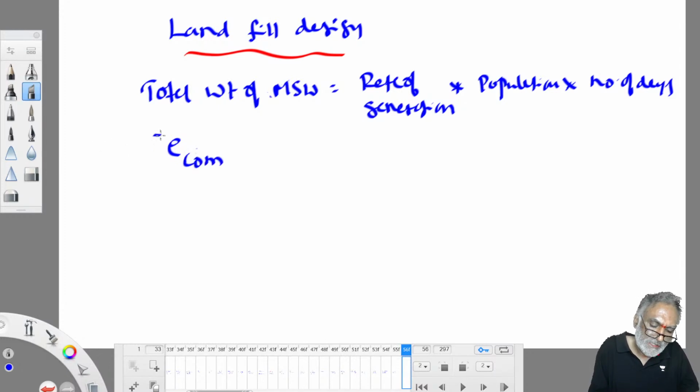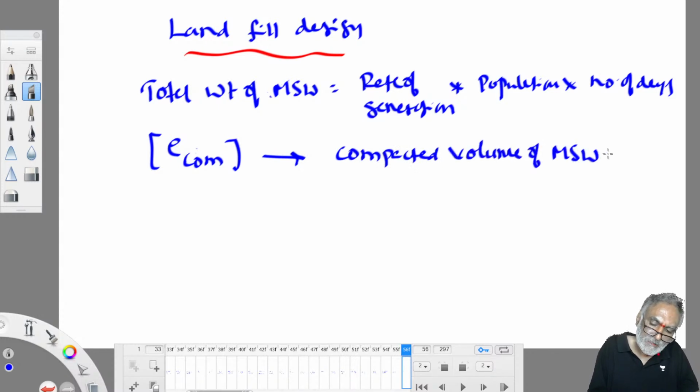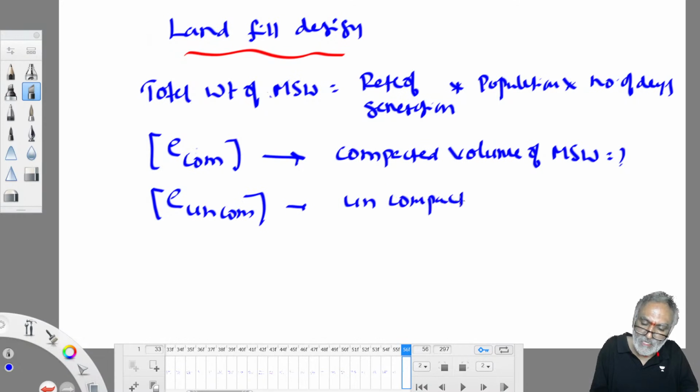If compacted density is given to you, then compacted volume of solid waste we can find out. Compacted volume of MSW we will get. If uncompacted density is given, then uncompacted volume of MSW we will get. Generally compacted volume we calculate.